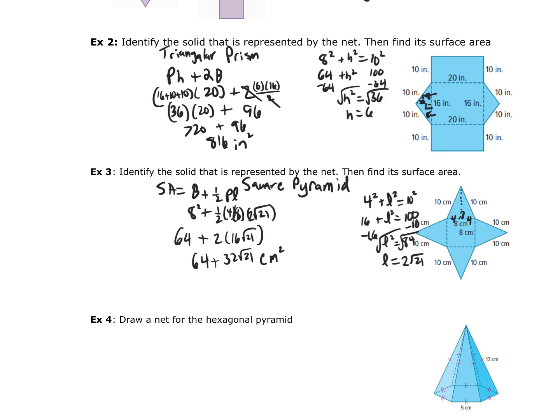And we get approximately 210.64 square centimeters. But 64 plus 32 times the square root of 21. If you think about it, square root of 21 is going to be somewhere between 4 and 5. 32 times that decimal plus 64. It's going to add up to equal to 110.64.